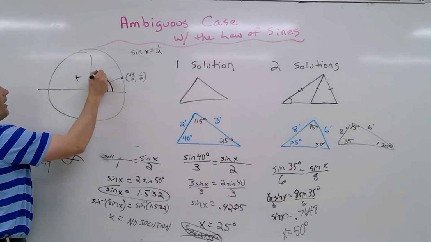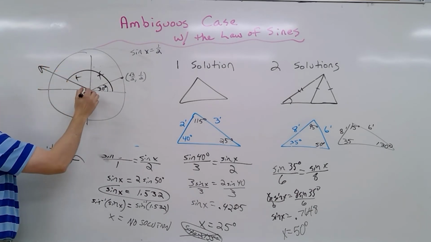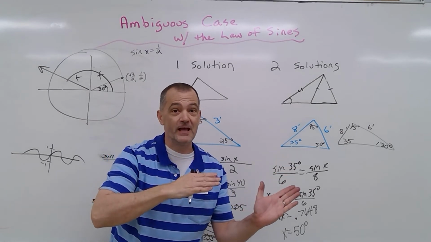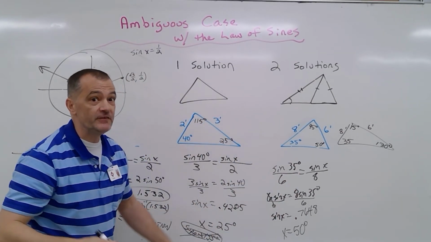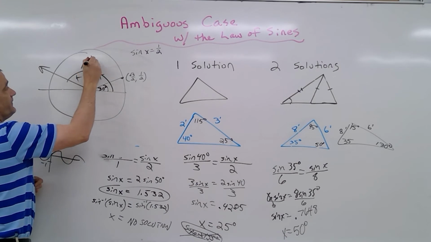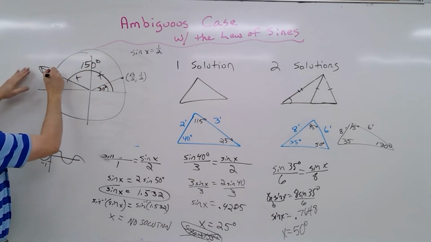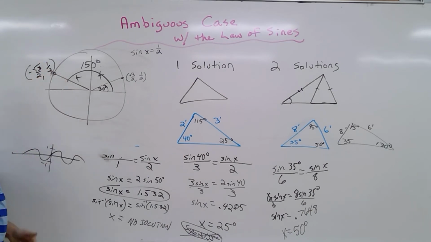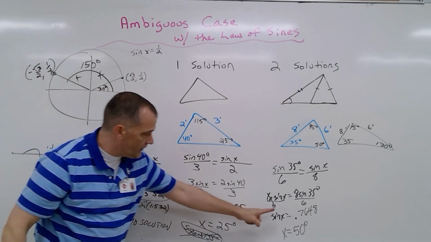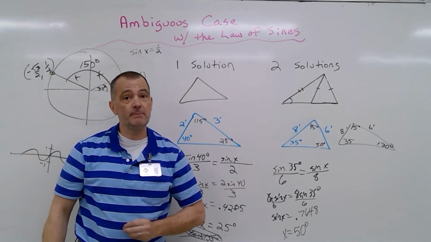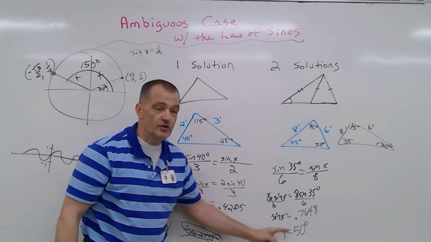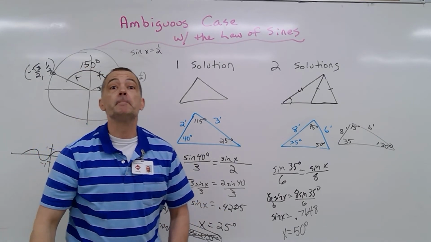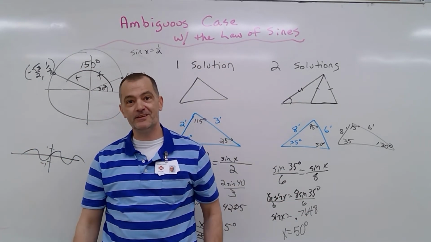So when we go all the way around here to this angle that has a reference angle of 30 degrees, 180 minus 30 is 150. The supplement, this 150 right here, also has an ordered pair, negative square root of 3 over 2, 1/2. So when we solve these equations, we have to remember that there are two solutions for the sine of x equaling this number that are between 0 and 180 degrees.